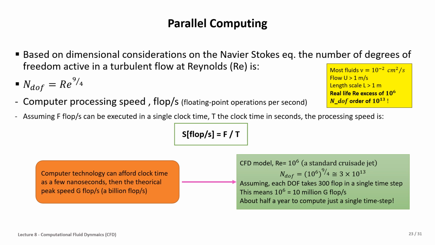Then the number of degrees of freedom we expect is usually 10 to the 13. So it's a high number of degrees of freedom. If we're looking at the computer processing speed, floating point operations per second, we can assume how the computation is going: f over t, time, clock time in seconds. Then this is the processing speed for this kind of problem.